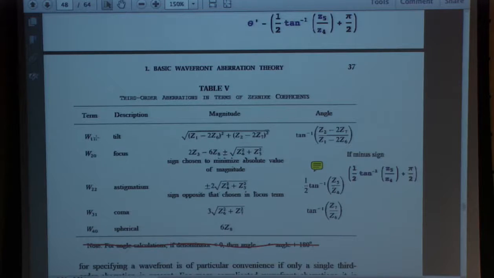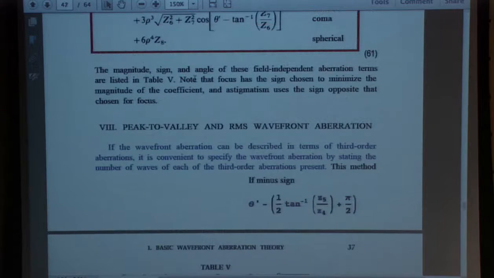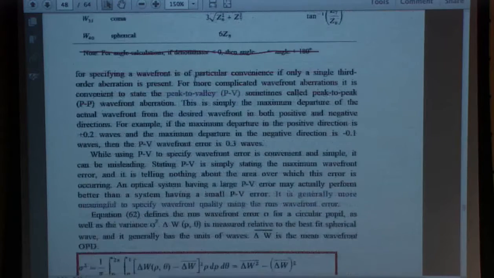Yes? Question. Maybe it's related to his, but I've seen the Zernike terms before with a normalization constant in front of them. I was wondering what's a typical way of normalizing this one? There are 2 ways of normalizing these.